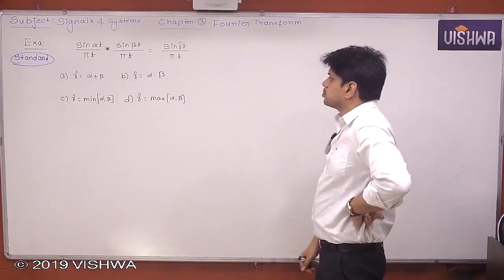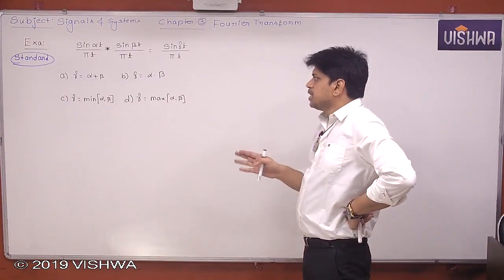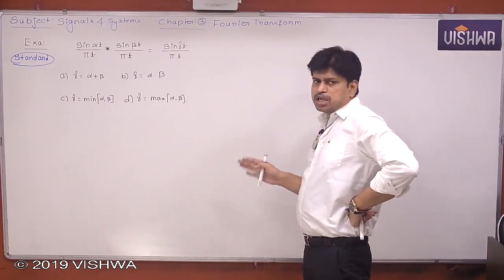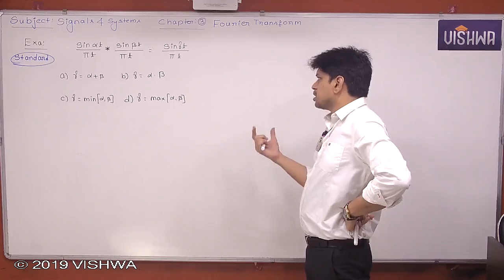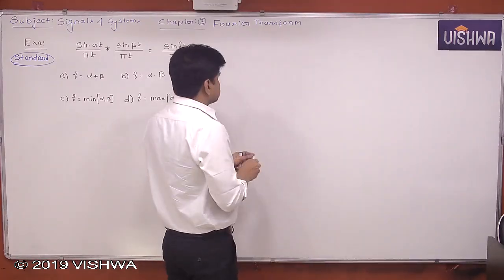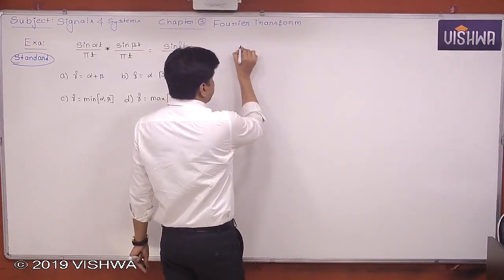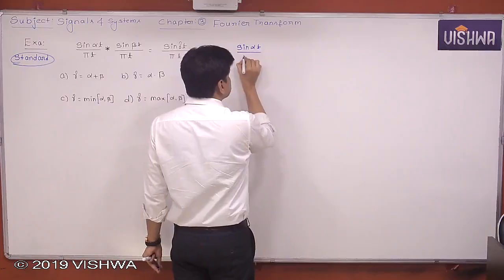Okay. So one very important thing we have just seen: convolution in time domain leads to multiplication in the frequency domain. So by using that property, I can calculate what the gamma value is. So let's see what it is going to be. First, let's say sin alpha t by pi t.